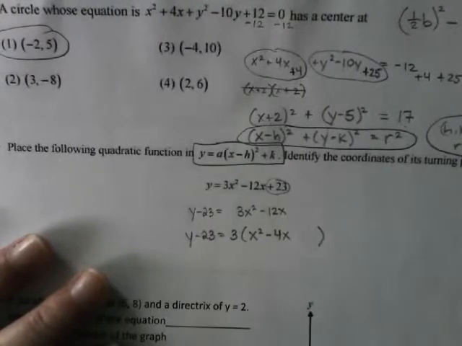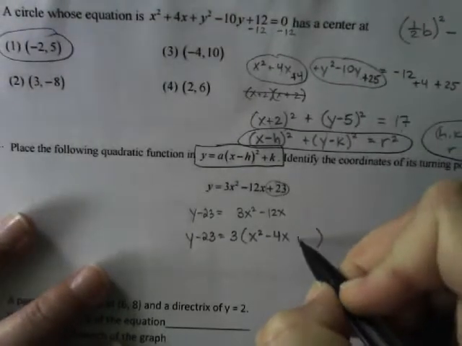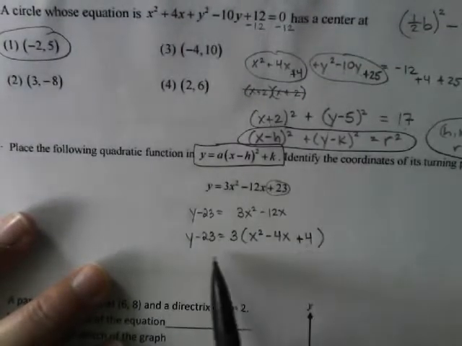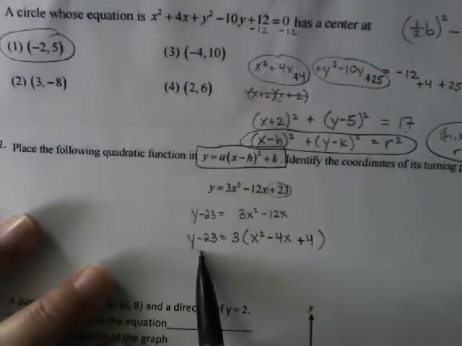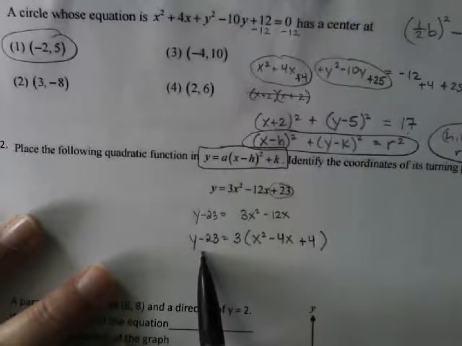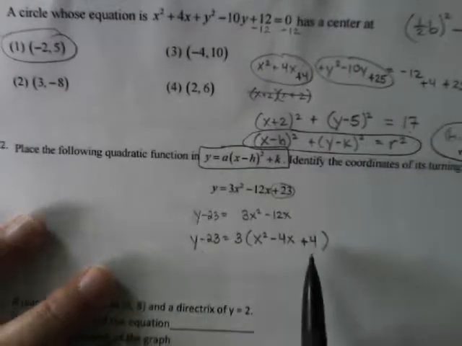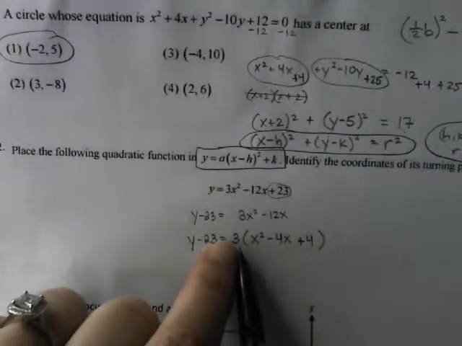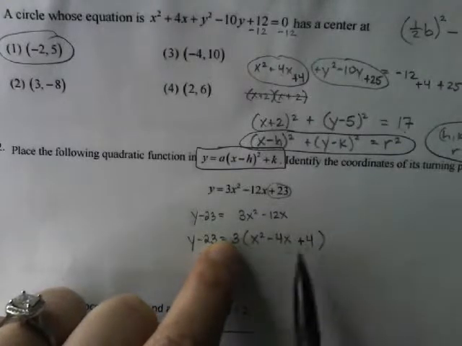Now here's the tricky part. If I add 4 right here, what do I have to do on the other side? Add 4. That's the tricky part. Because by adding 4 in a set of parentheses that has a 3 out in front, I really added 3 times 4.